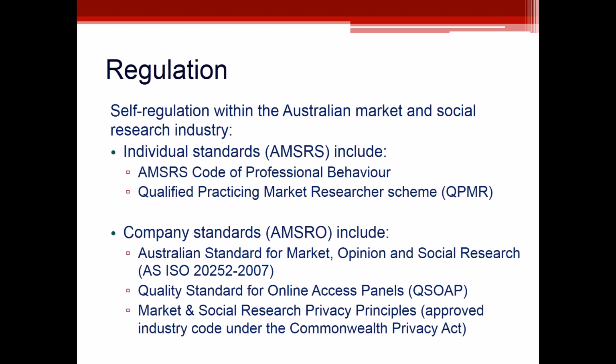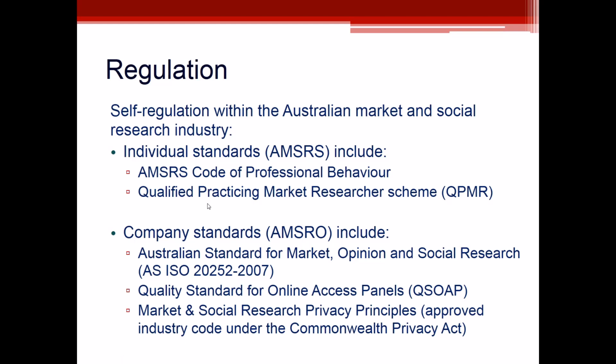In terms of looking at all of the regulatory framework within Australia, you can see here that individual standards as applicable to AMSRS are the AMSRS Code of Professional Behaviour, also the Qualified Practicing Market Researchers Scheme, the QPMR.